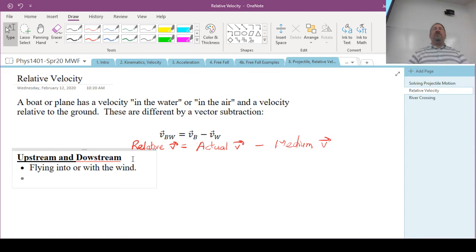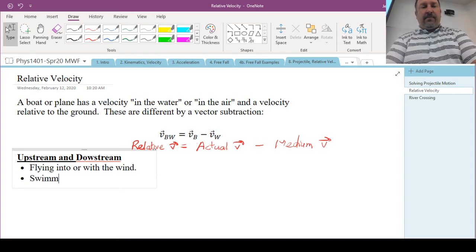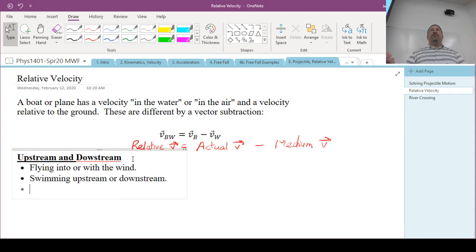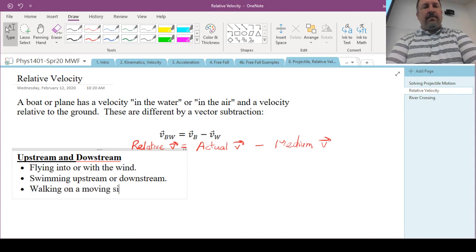Some examples of cases that this might apply to would be a plane that's flying directly into or with the wind, swimming upstream or downstream, or walking on a moving sidewalk.